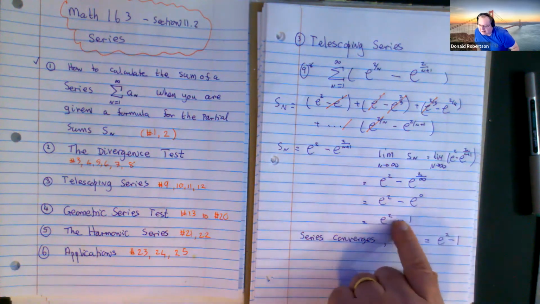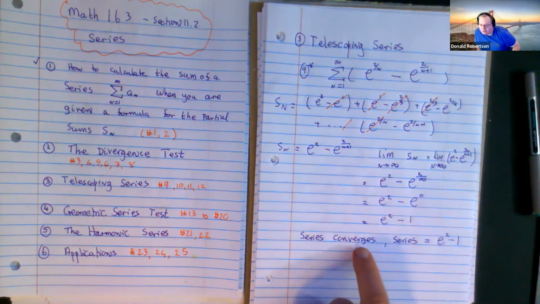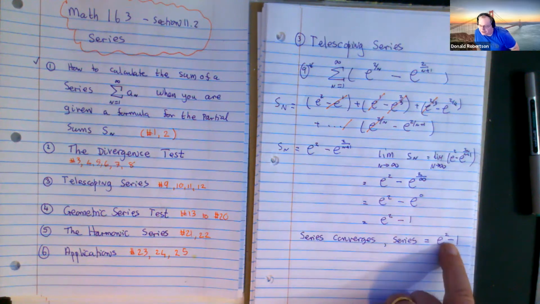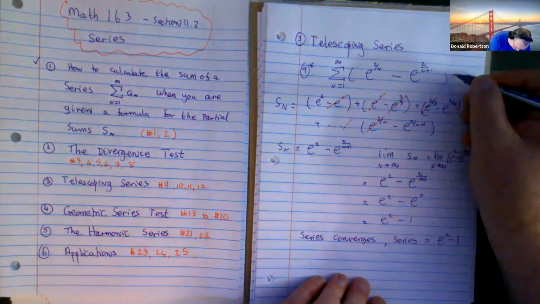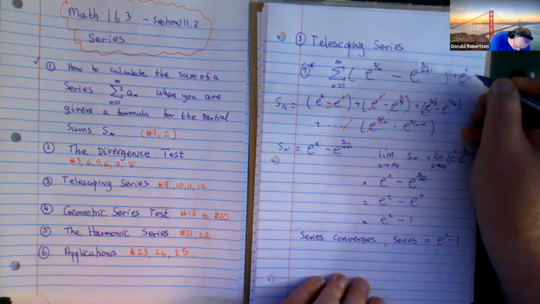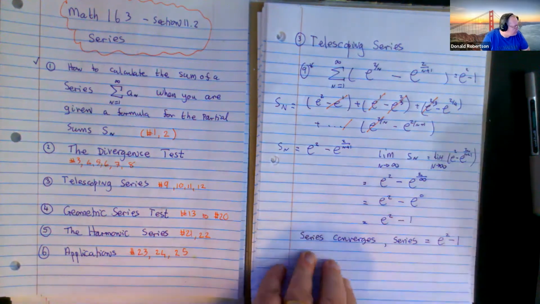So if that is a number, the series converges, and the series is equal to that. So that means this guy up here converges, or is equal to, if you prefer, e squared minus 1. Cool? Called a telescoping series.